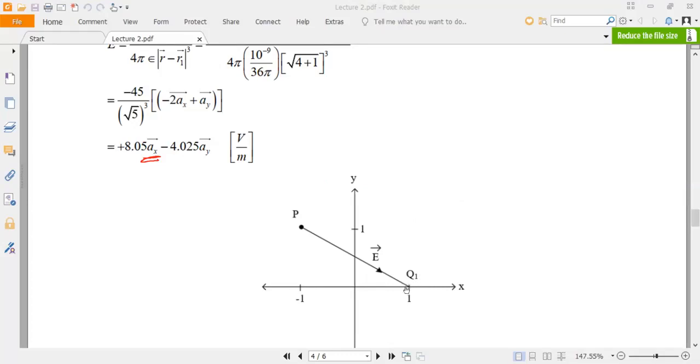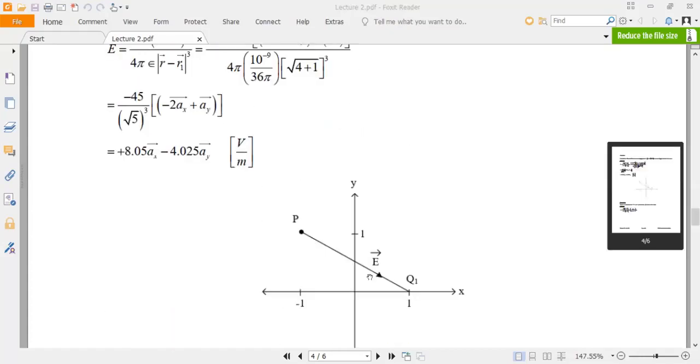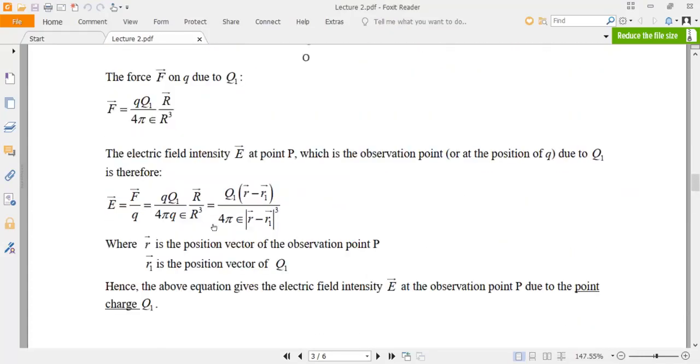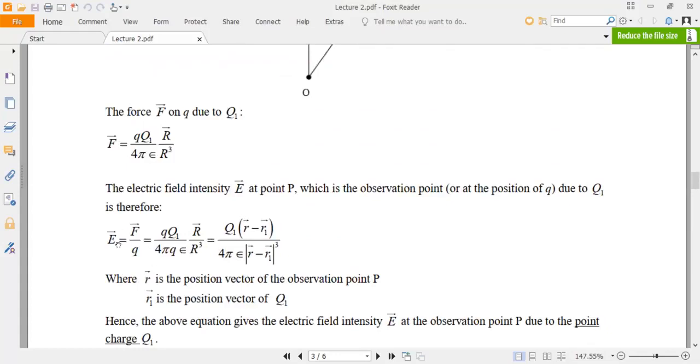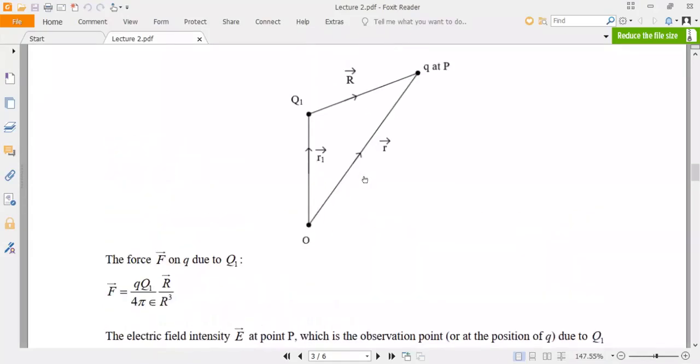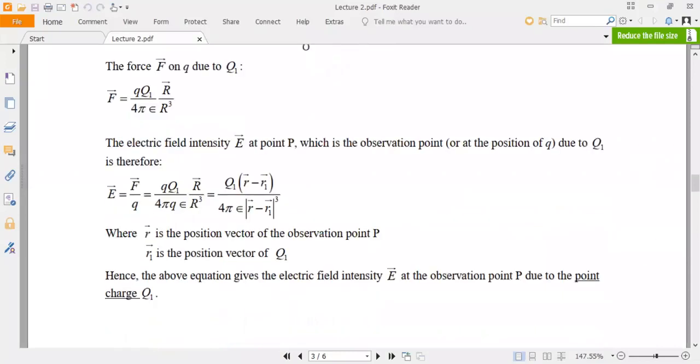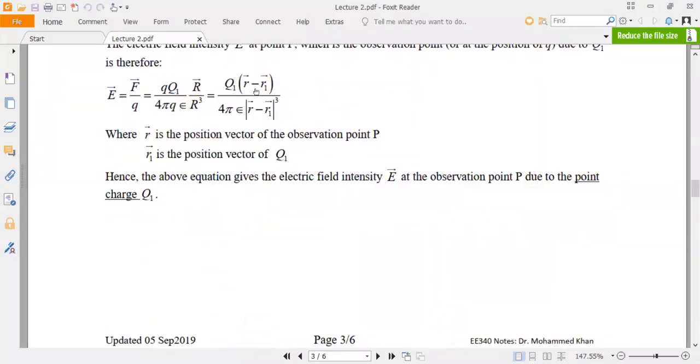Whereas a positive charge will have the electric field direction always away from it. You can check this. So this is positive, so the electric field will point away from it because it will point in the direction of your R position vector.